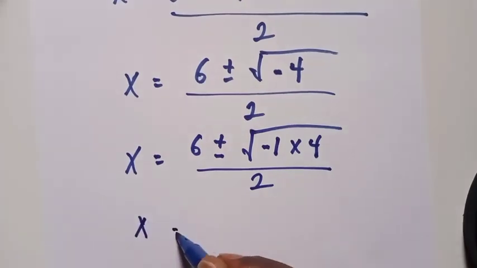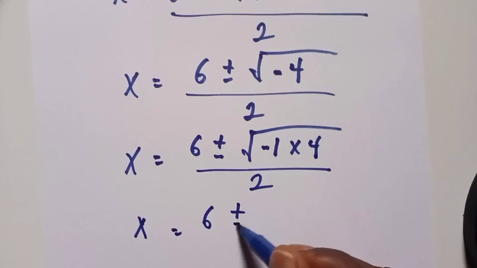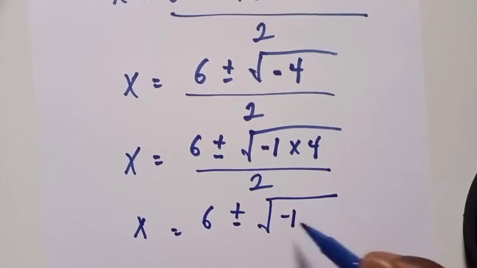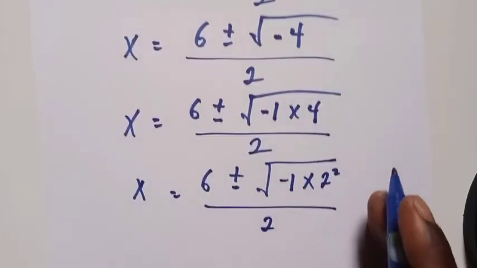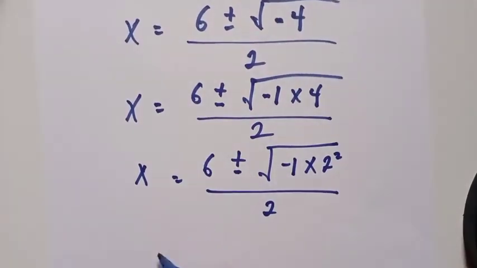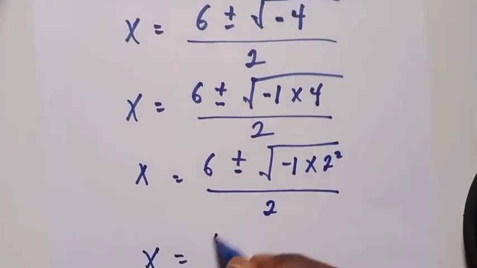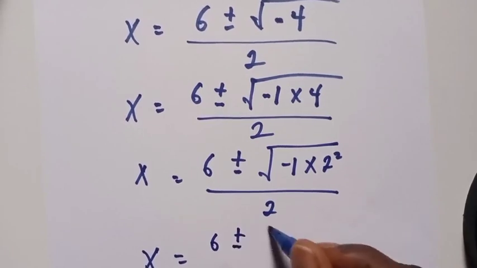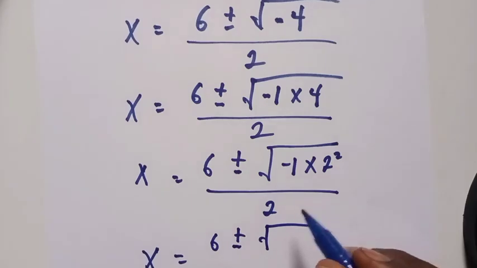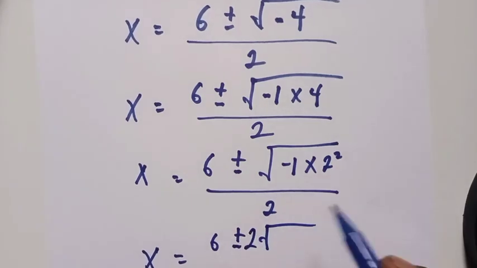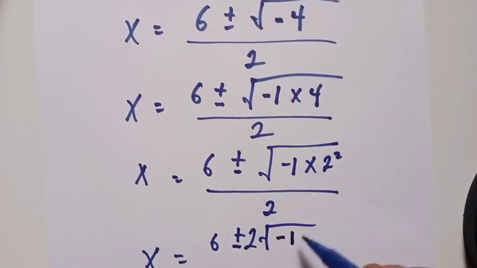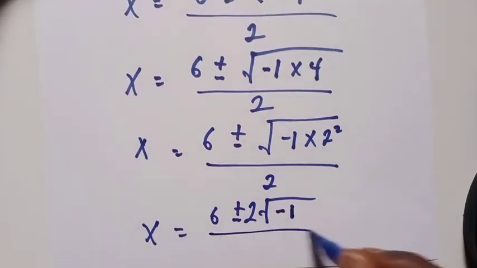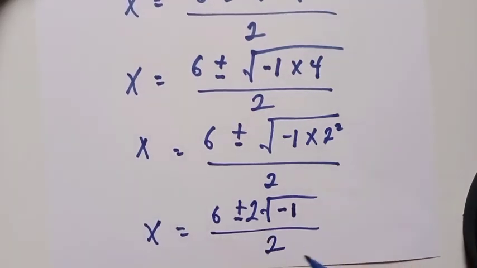So x will be equal to 6 plus or minus root of minus 1 times 2 squared, which is 4, over 2. From this point, x will be equal to 6 plus or minus 2, which is the square root of 4, times root minus 1, over 2.